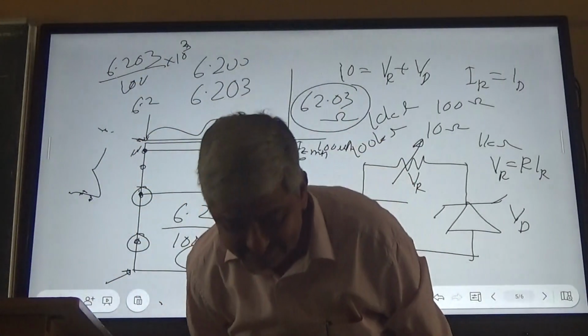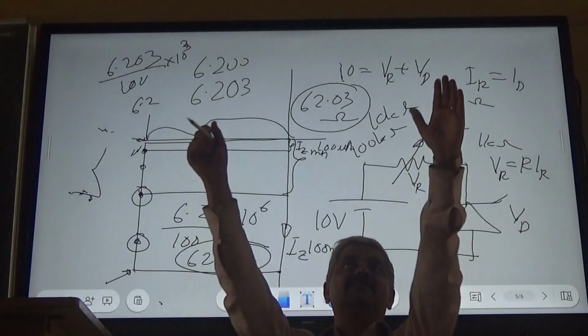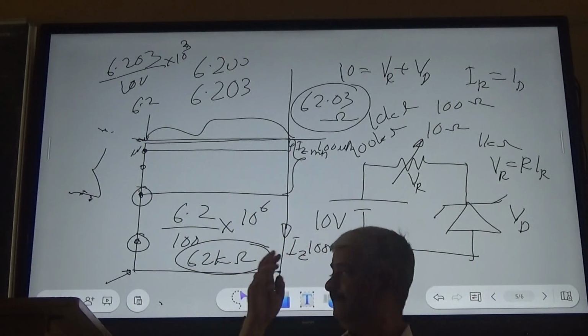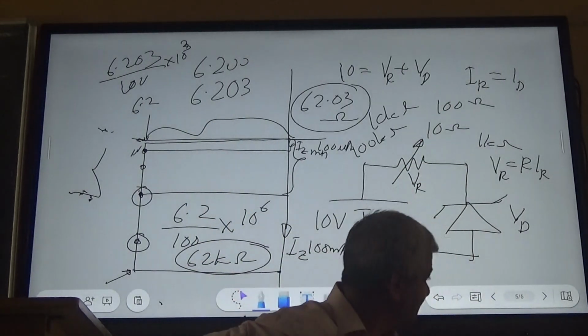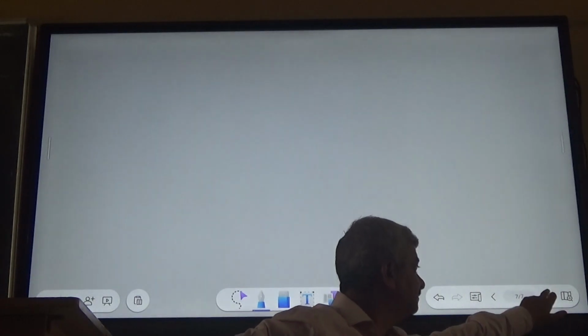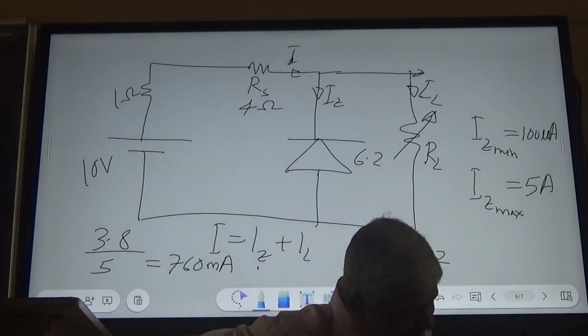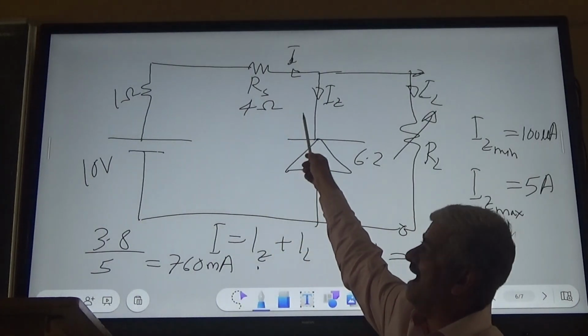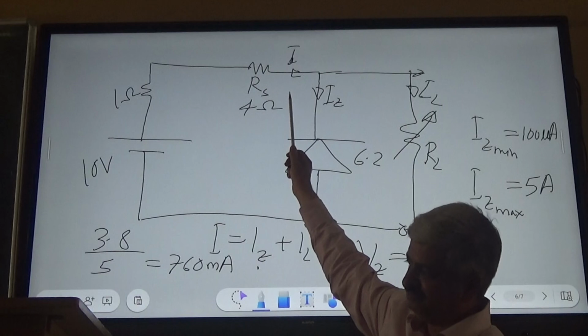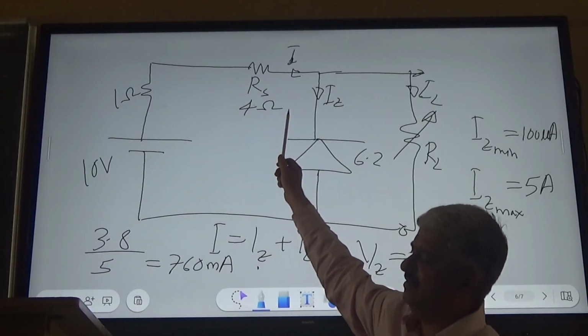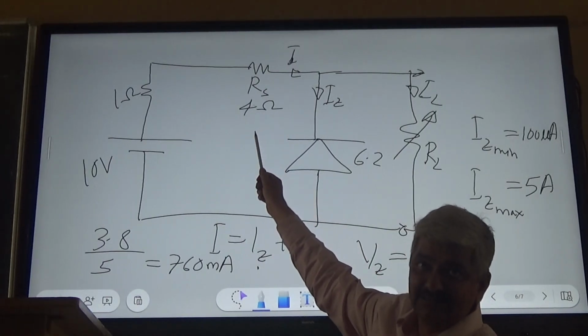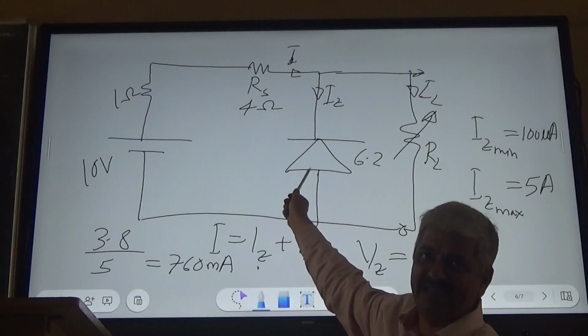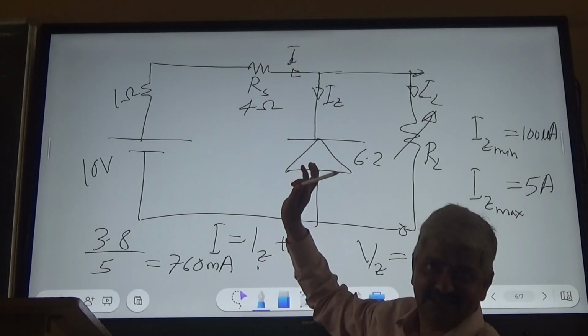So in this arrangement, why is RS required to be put? Even if you don't put RS, there is a chance that the zener may get damaged, but in good conditions that is not a major issue.